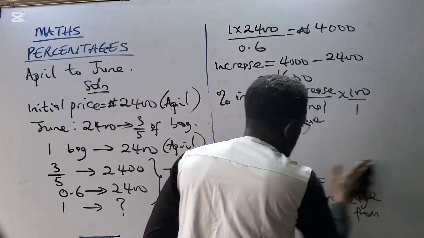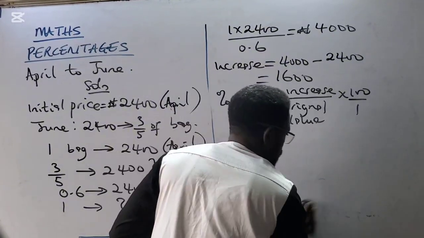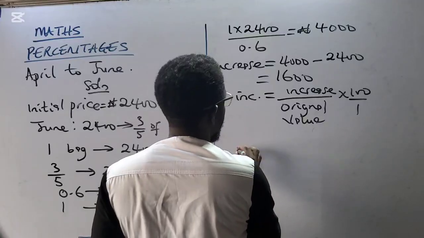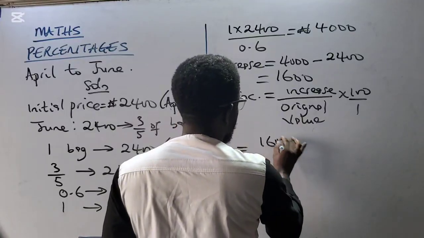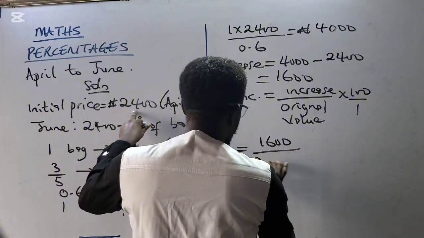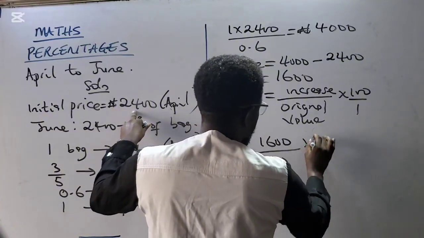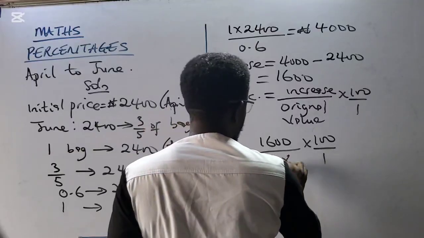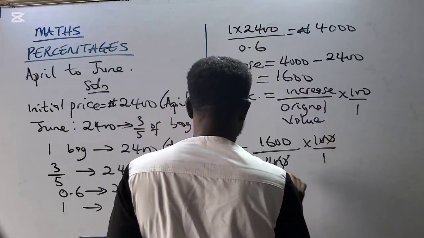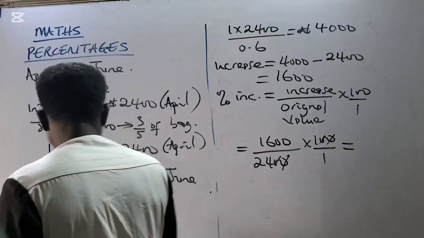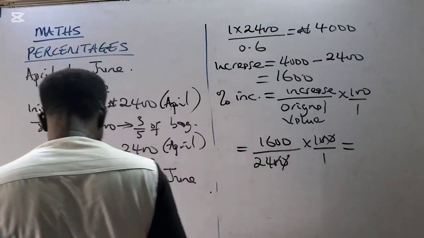So now, when you solve this one, the increase is 1,600. Original value is 2,400, times 100 over 1. When we solve this one, that will give us the percentage increase.